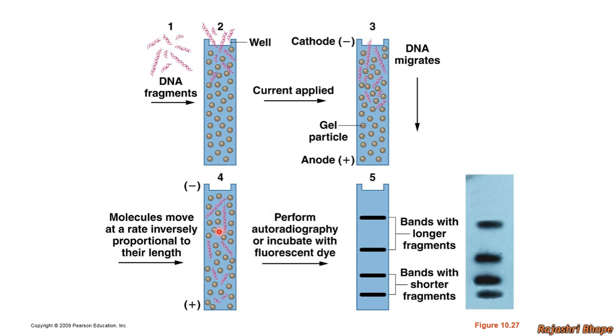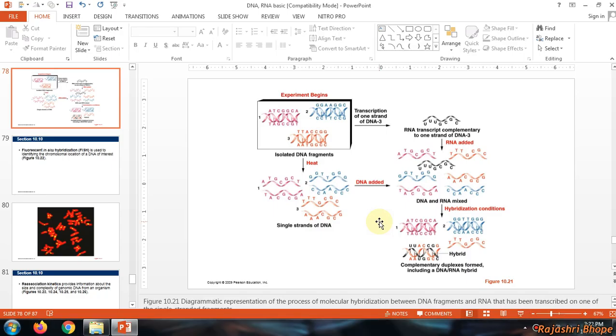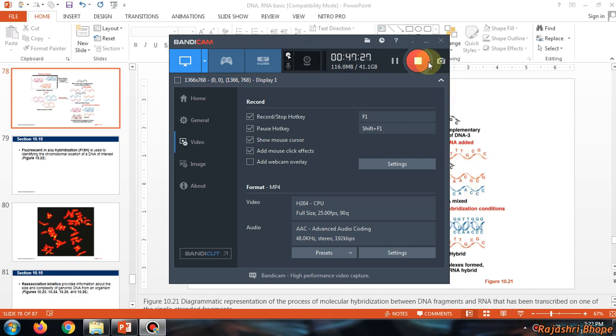So here you can see the smallest one shows a band at the bottom, and the largest, the heavier one with the highest molecular weight, shows a band near the well. So that's what we have about DNA and RNA. Thank you.